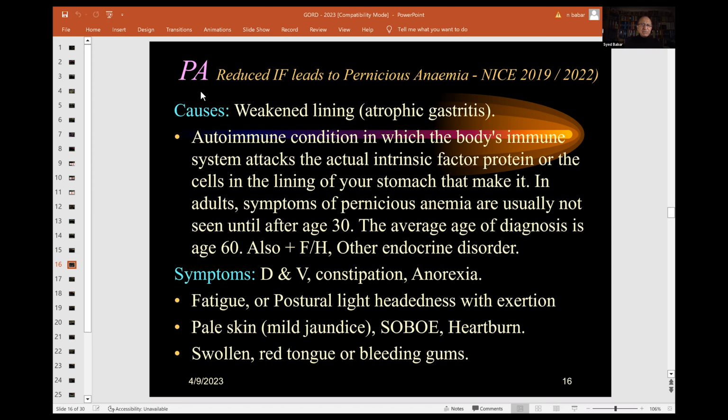Pernicious anemia happens due to reduced intrinsic factor, and the cause of that is weakening of the stomach lining, particularly in the area where oxyntic or parietal cells exist. Atrophic gastritis is due to recurrent, unopposed acidity, inflammatory nature, use of NSAIDs, or largely due to an immunological condition.